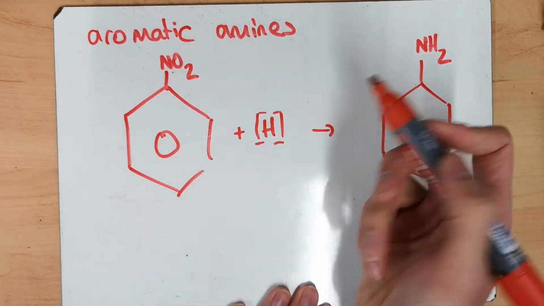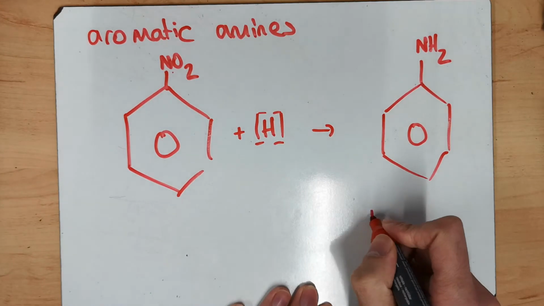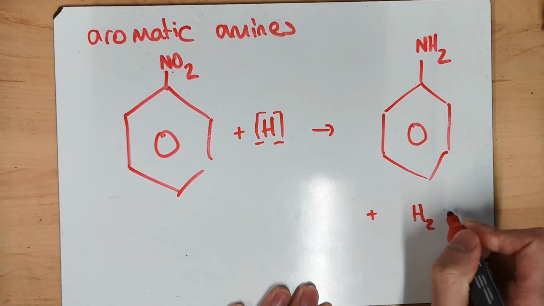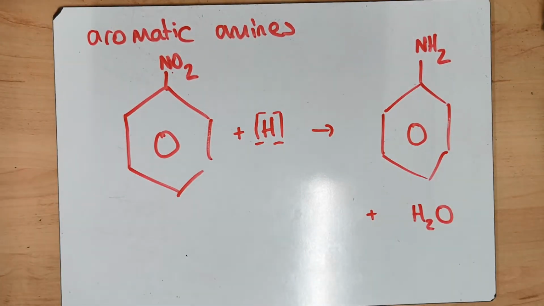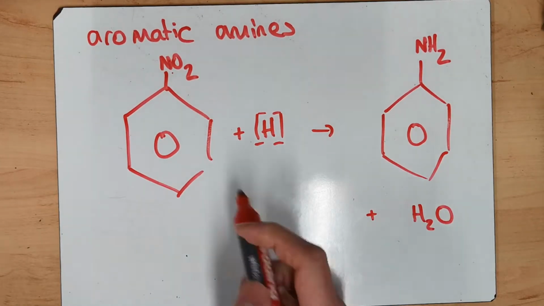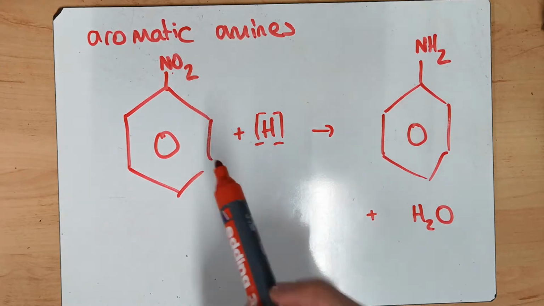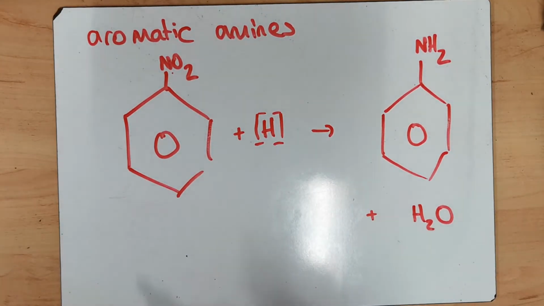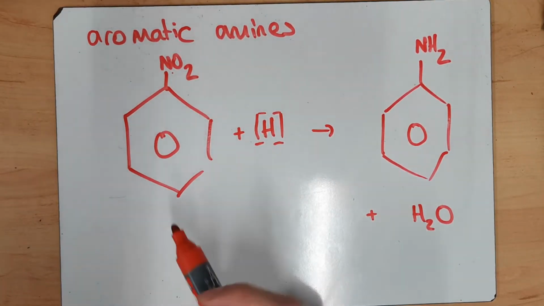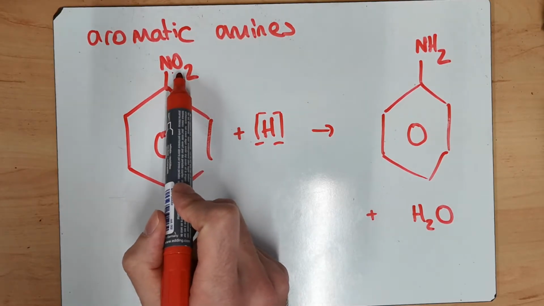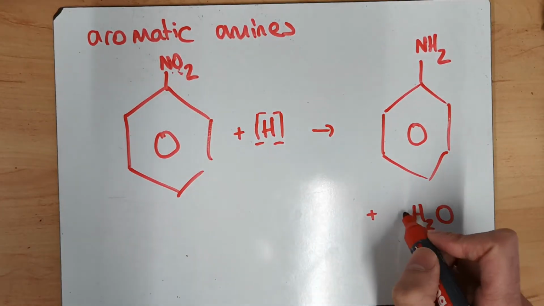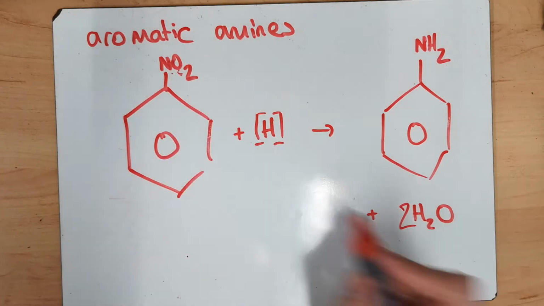And our oxygen's got to go somewhere. That's also going to react with hydrogen. We're going to get some waters. So just to balance this nice and quickly, now we know we're going to add hydrogen to it. So we get this hydrogen from a strong acid, but it's going to act as a reducing agent. We get NO2 here, so we're going to need two waters here to balance that oxygen.